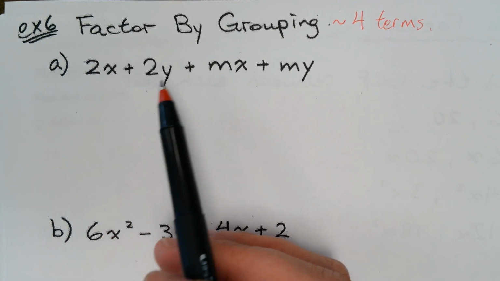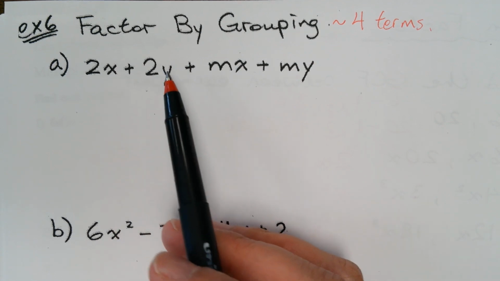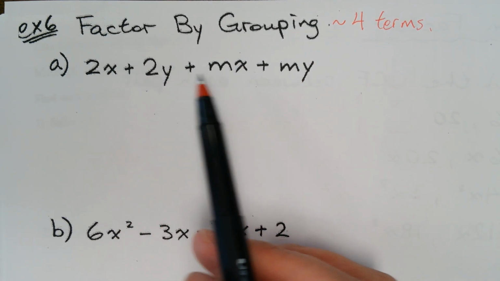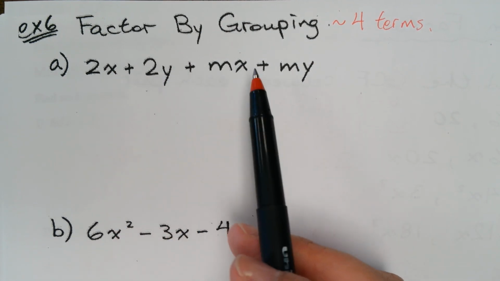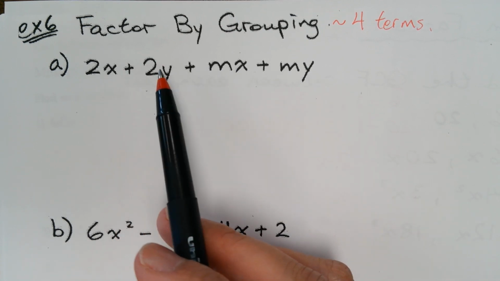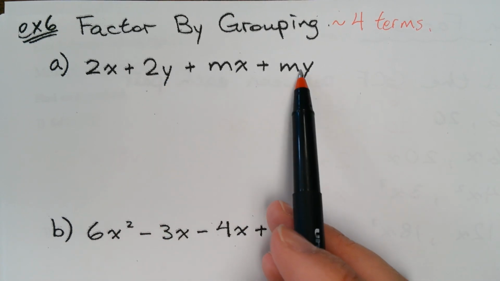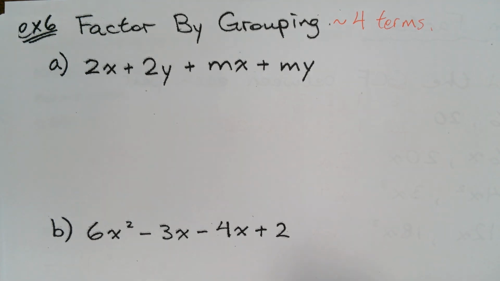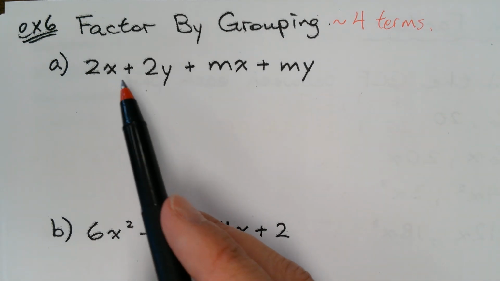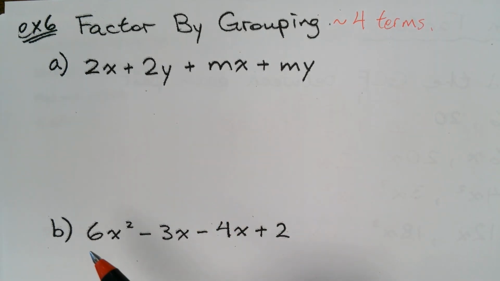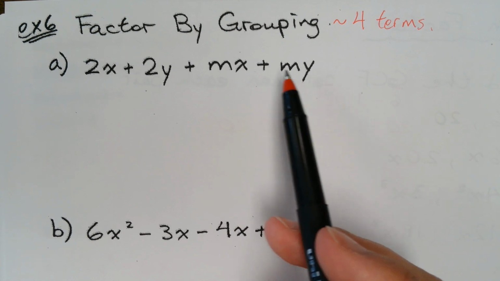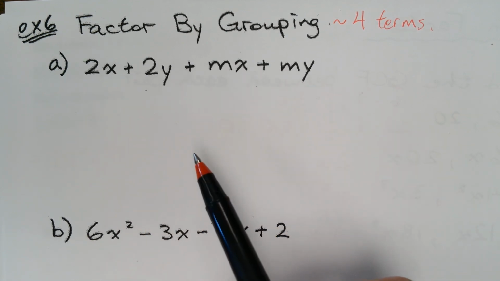Okay. So, is there anything common I can take out of all 4 terms? I cannot take an x because this one doesn't have an x. This one doesn't have an x. Is there anything common in all 4? Alright, so nope, nothing's common in all 4. So what can I do?